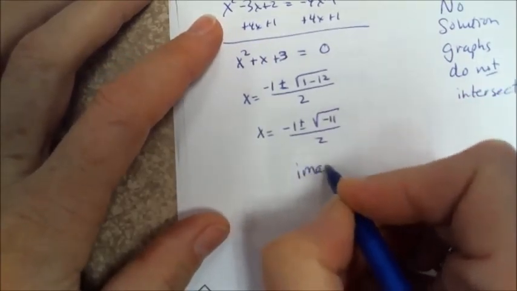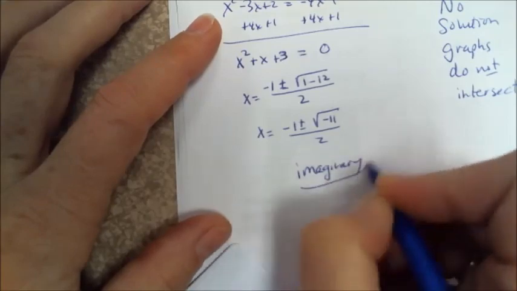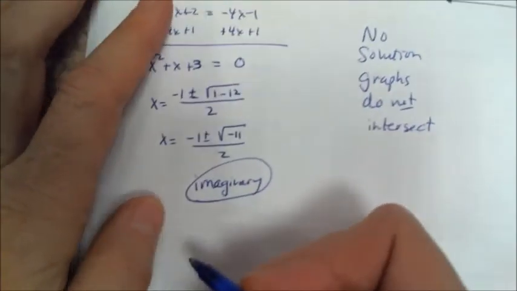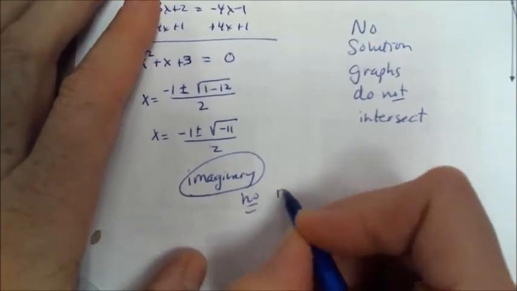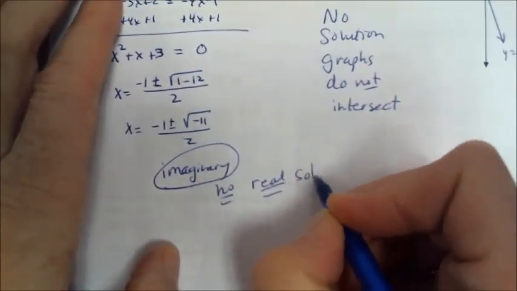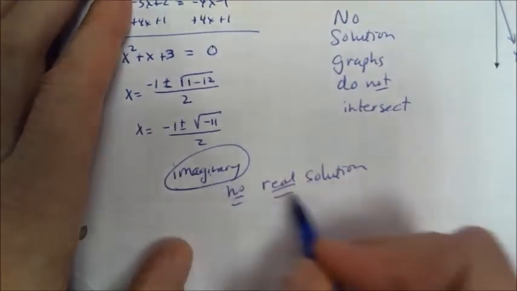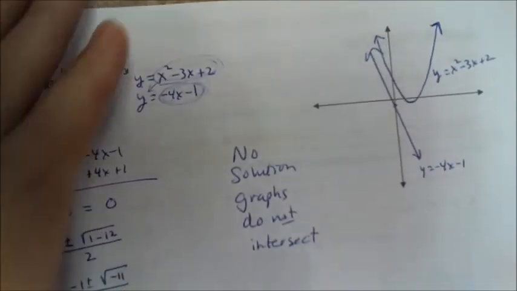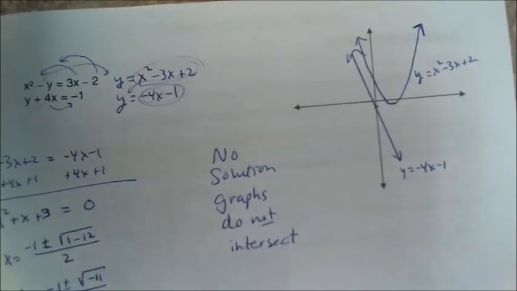That is imaginary. All right, imaginary x values means there is no real solution. Imaginary results mean the graphs do not intersect. So that's it for today. We'll see you tomorrow.